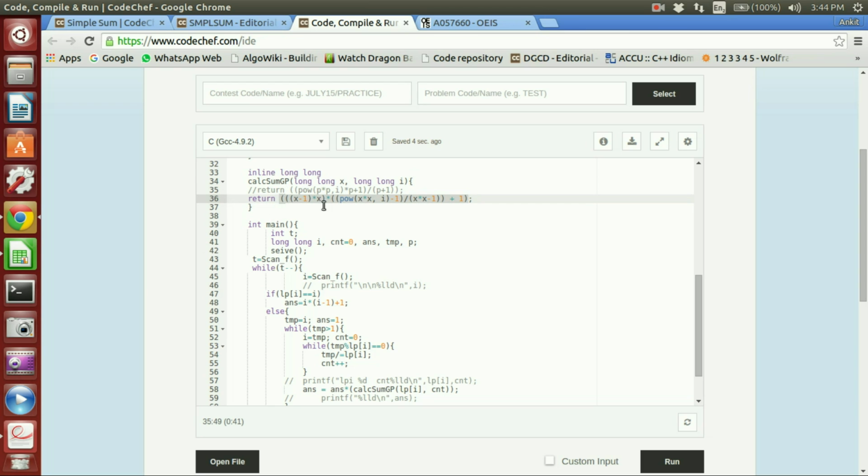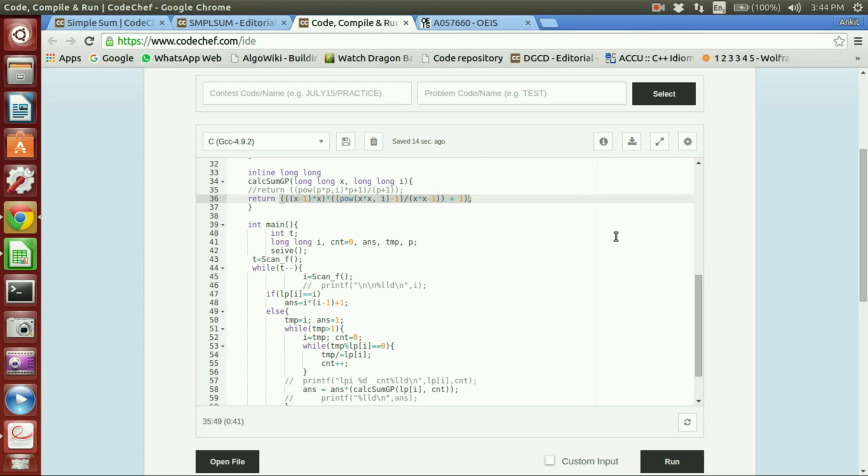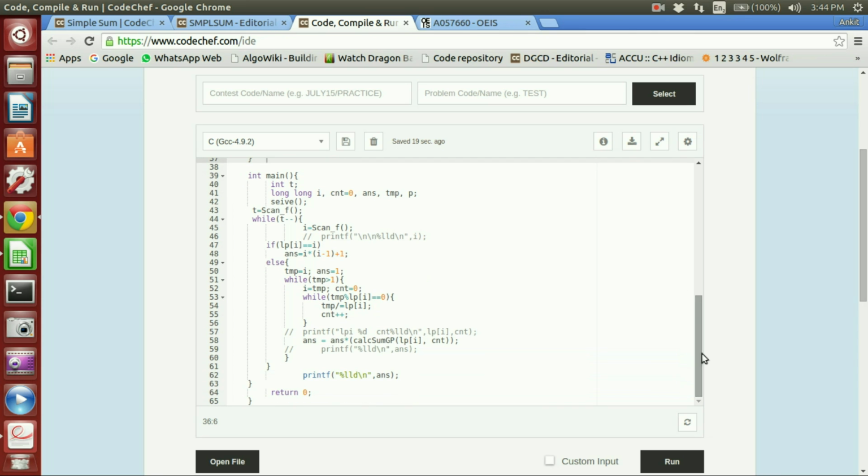If you expand this expression, then you will get the same expression as that given to us. This one is used just to avoid the overflow, and after calculating for every prime factor, we are just multiplying it to the answer and printing the final answer.